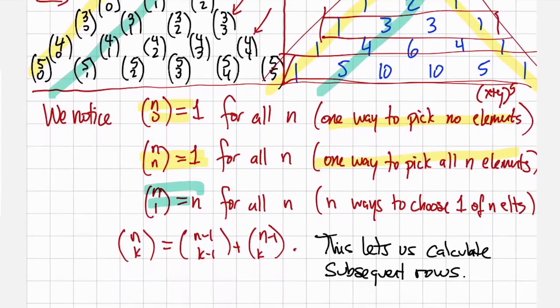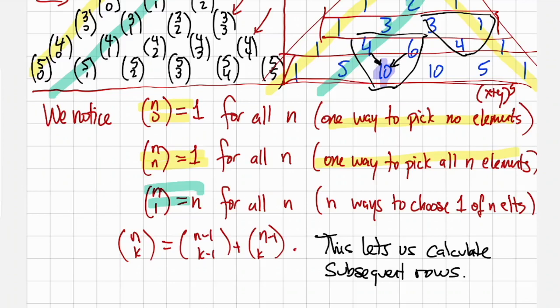One more thing we can notice is that every number in this table can be calculated by adding the two numbers above it together. So 4 plus 6 is equal to 10, 1 plus 3 is equal to 4, and this lets us calculate subsequent rows of the triangle.